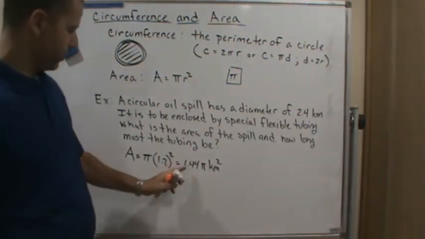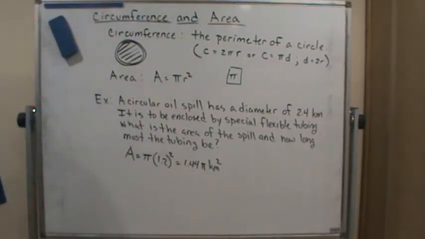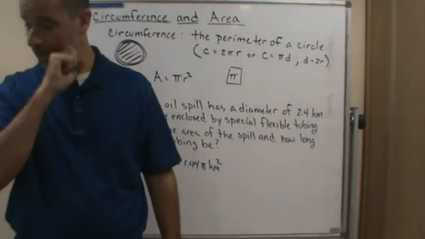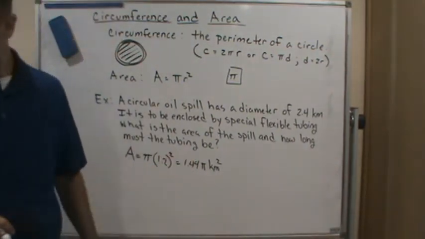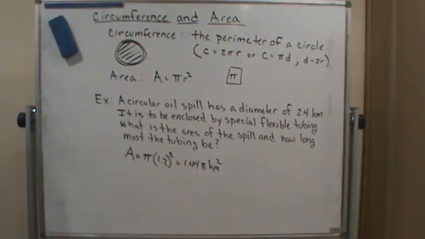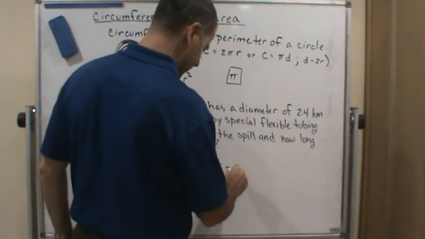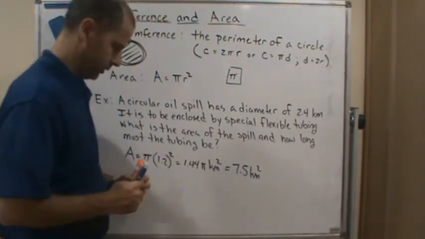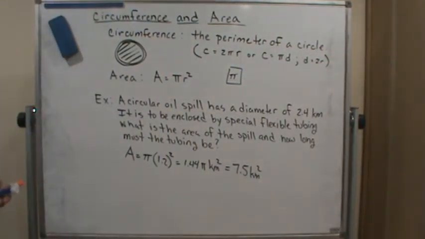Now, you could write it as 1.44 pi, or you can go to your calculator and approximate it to the nearest tenth of a kilometer. Okay, I don't have my calculator. My calculator actually is dead, but go ahead and calculate. I'm going to go ahead and write down the answer. The answer is approximately 7.5 square kilometers. Okay, verify that in your calculator.